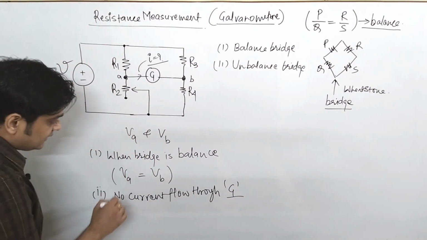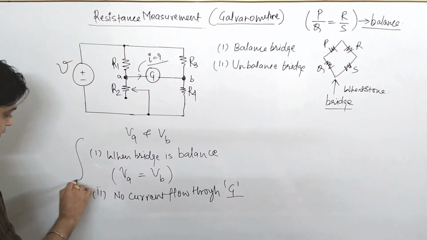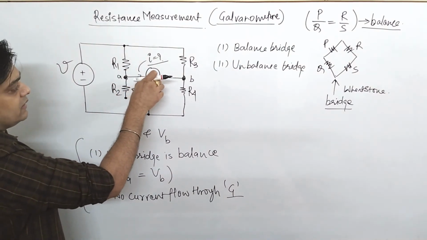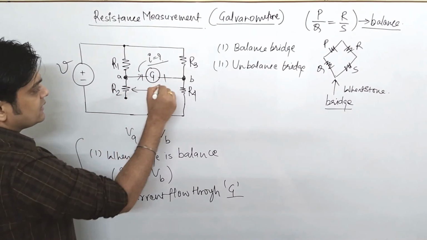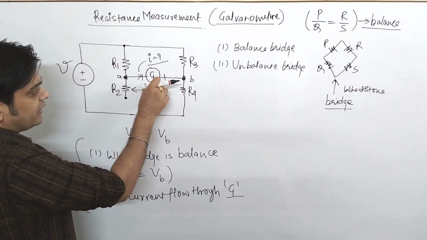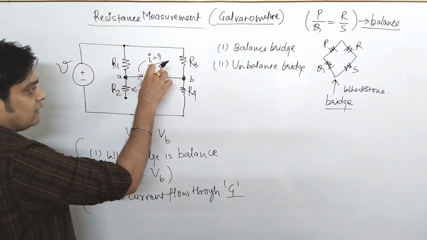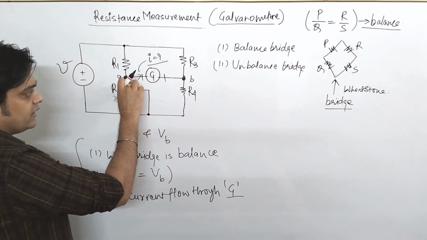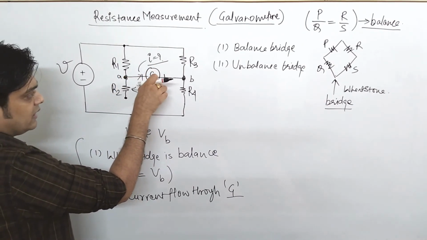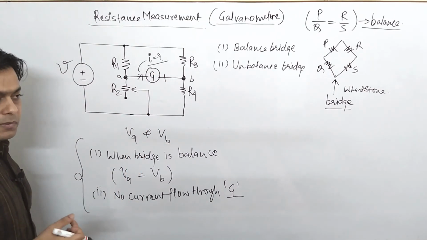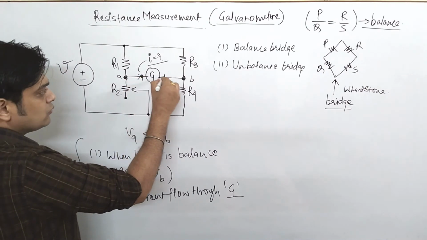So under this condition, what is the nature of the problem? Sometimes they say this terminal is open and you have to find the potential difference. When the galvanometer is connected and no current is flowing, they ask for the open circuit potential difference at these two nodes.